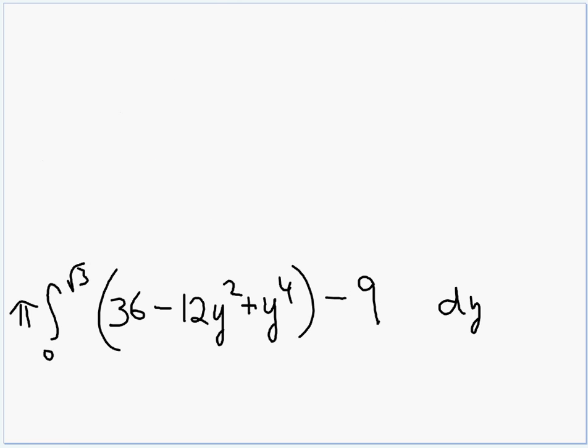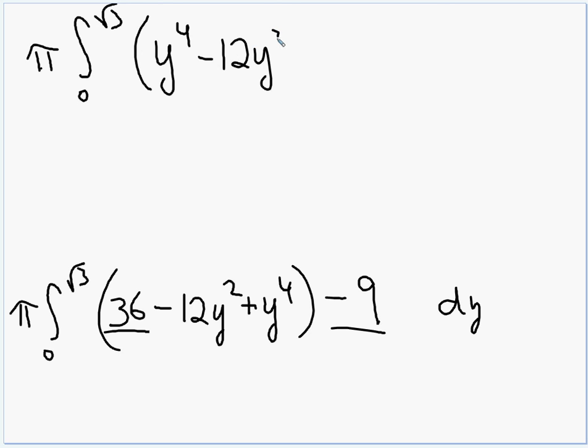So we can just combine, I guess, the 36 and the minus 9. And I'm going to put my polynomial in descending order. So let's put that y to the 4th first. Minus 12y squared. And then a plus 27 when we combine the constants. And that's with respect to y.